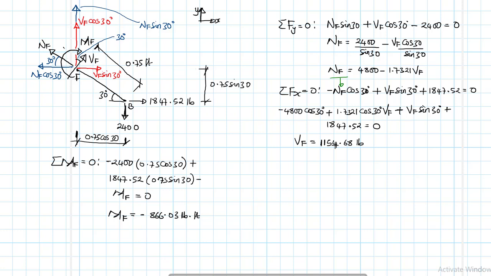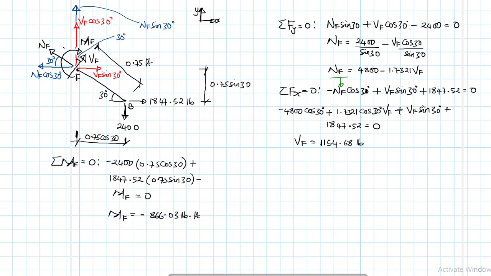So we have 2400, minus 4800 cos 30, and then plus 1847.52, divided by 1.7321 cos 30 plus sine 30. That gives 1154.68, right? Okay, so there we go.